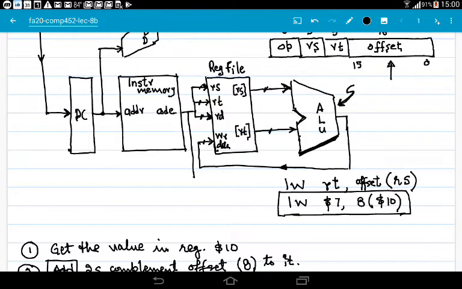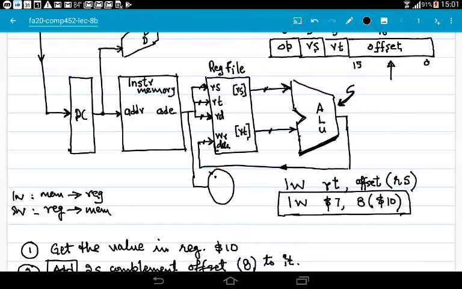Let's quickly write here. Load word is memory to register, and store word is from register to data memory. So the lower 16 bits come here, and here we add a piece of hardware and we call it sign extend.